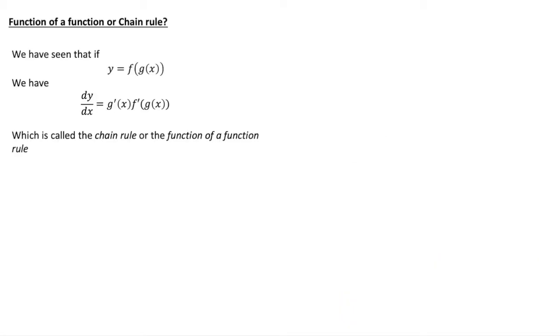In the video on the chain rule, it was called the function of a function rule, and it was called the chain rule. And it's not obvious why it's called the chain rule. We can see from y equals f of g of x that it is a function of a function.